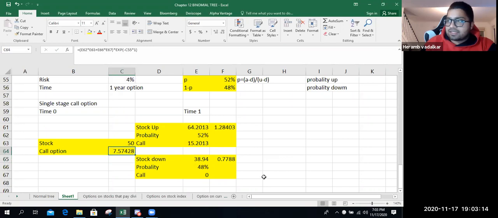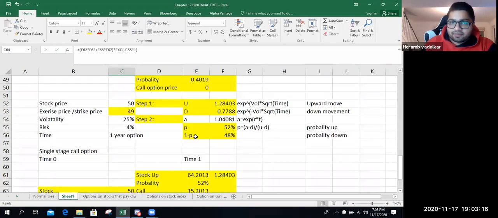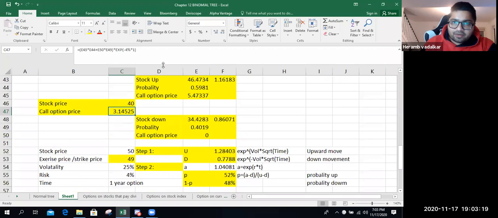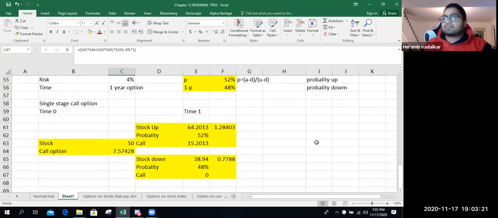So call option price is 7.57. I'm just checking if I discounted. Yeah, I did discount. Any questions?